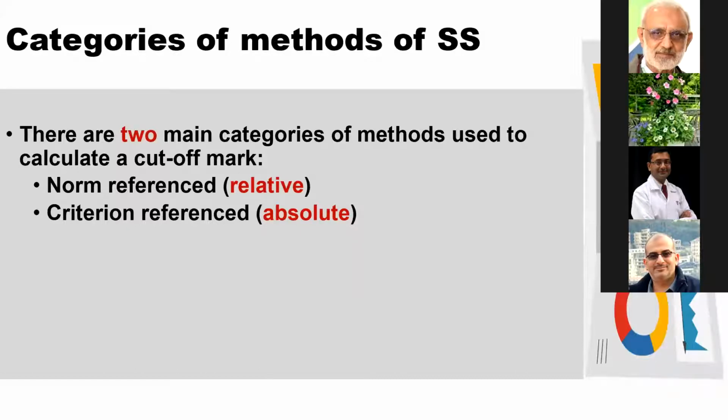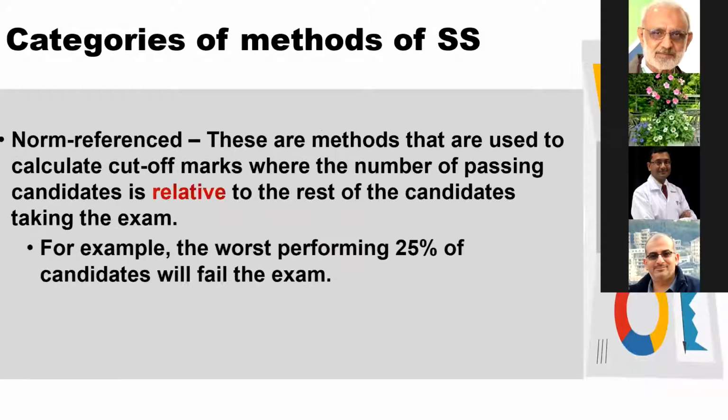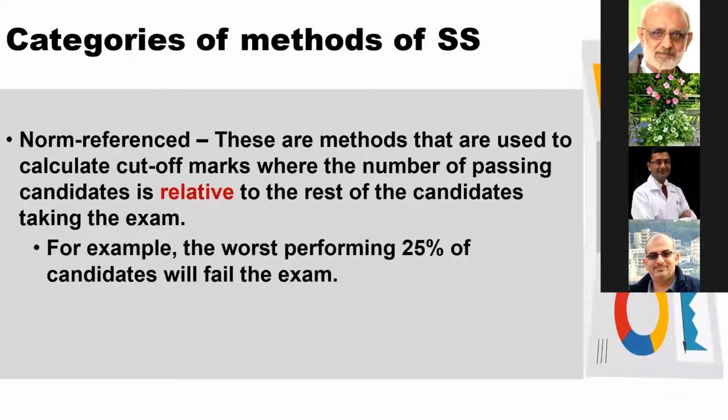Let me explain these two categories in a bit more detail. Norm referenced methods are used to calculate cutoff marks where the number of passing candidates is relative to the rest of the candidates taking the exam. For example, the worst performing 25% of the candidates will fail the exam.